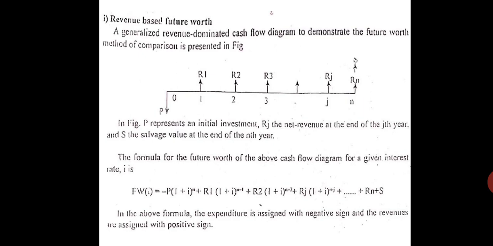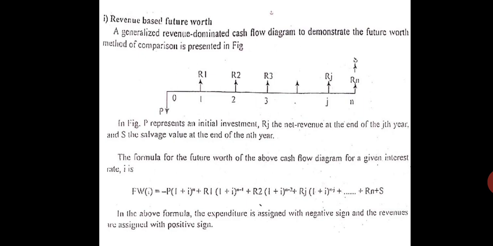A generalized revenue dominated cash flow diagram to demonstrate the future worth method of comparison is presented in the figure. You can see, P is the initial investment, Rj is the net revenue at the end of the jth year, and S is the salvage value at the end of the nth year.